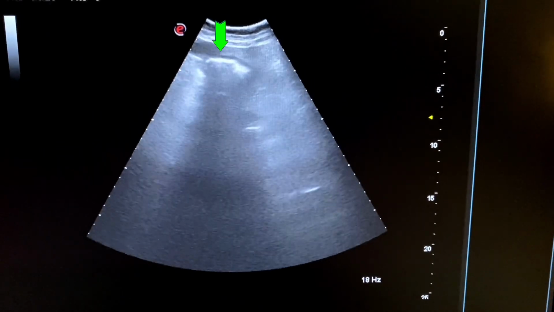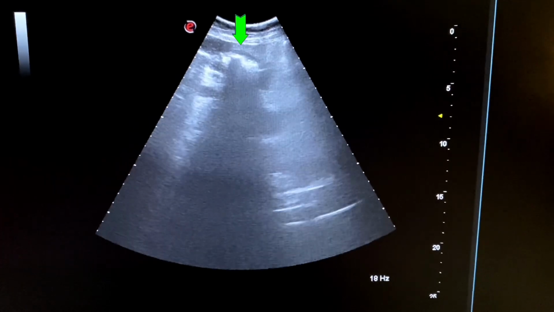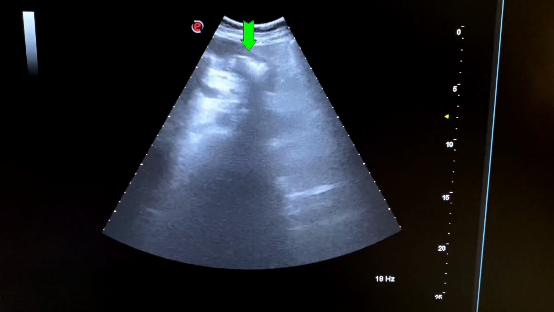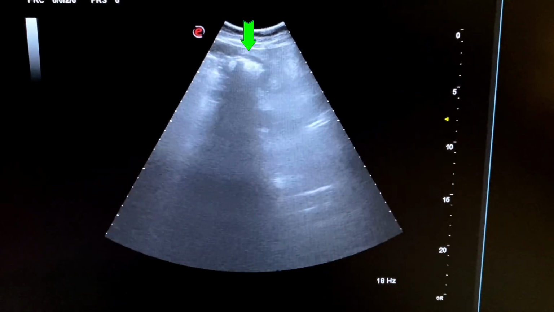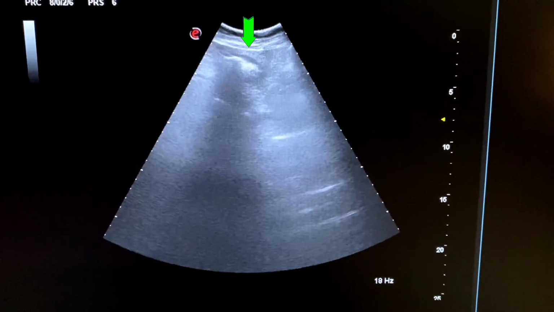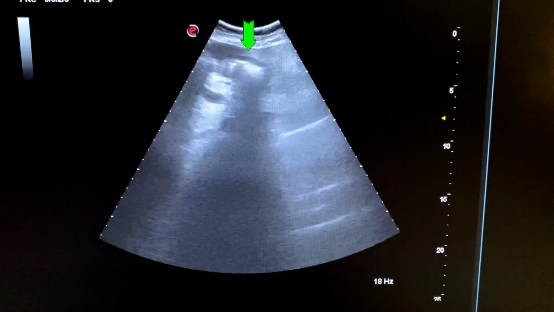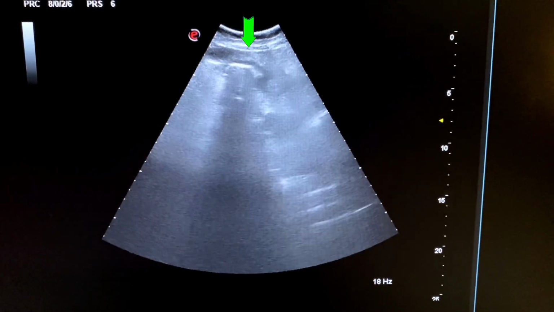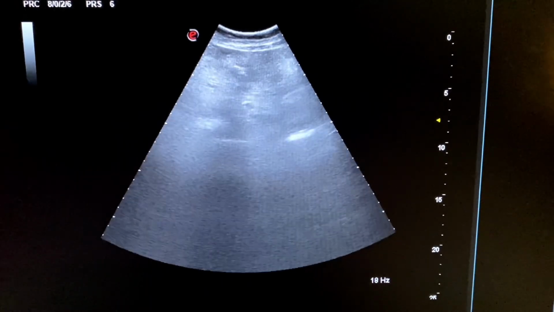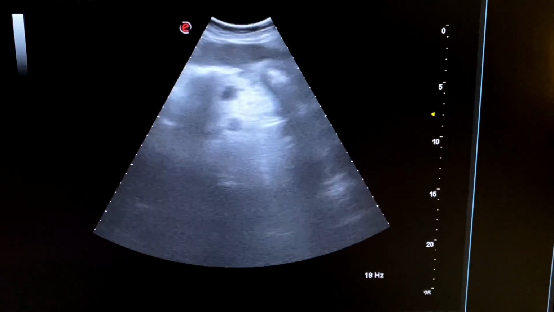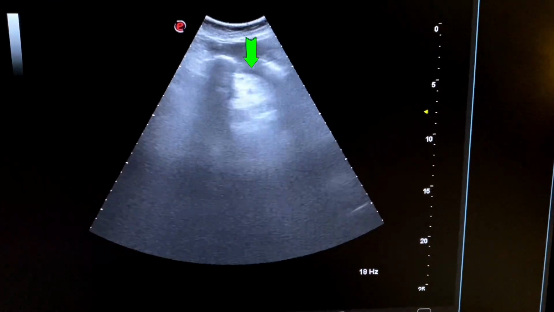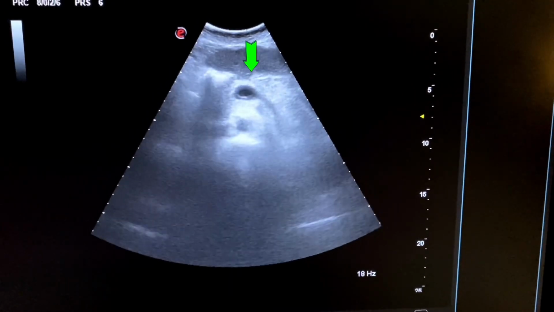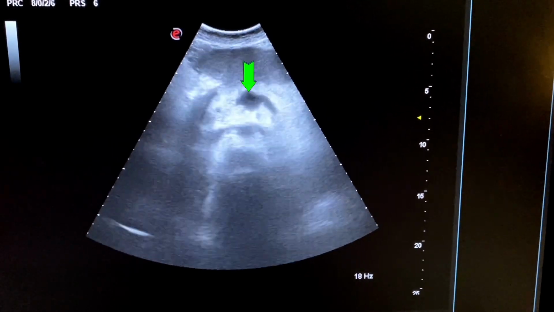Here we see a continuous echogenic line with shadow in the duodenum at the epigastric area. Below the duodenum, we see an echogenic area and a hypoechoic area.